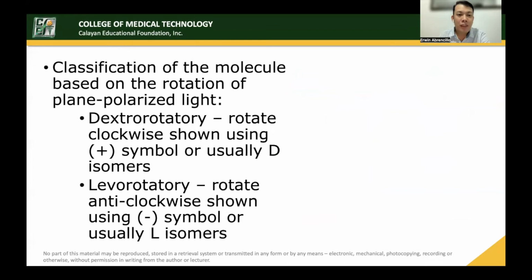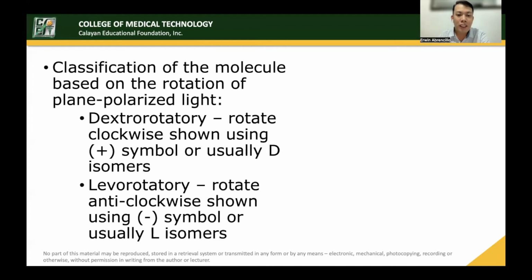Classification of the molecule based on the rotation of the plane polarized light. Though I did not mention anything about how to determine or what is polarized light, I will just go directly to the point that monosaccharide sugars are either D-isomer or L-isomer.